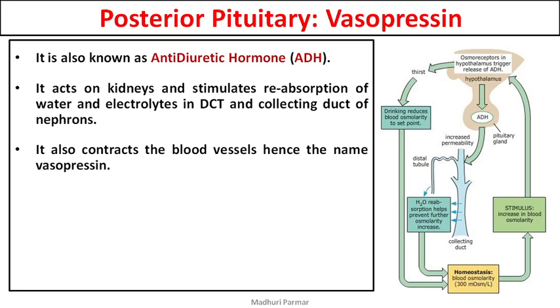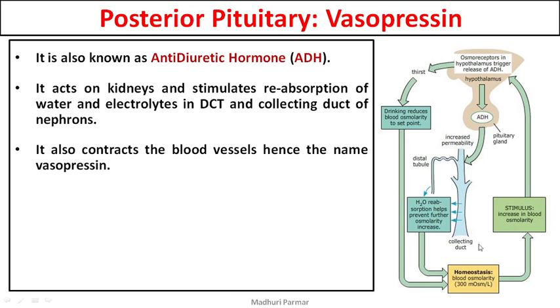Same thing. Let us say there is less water in your blood. What will happen? The blood will not be flowing very forcefully. But to reach each and every cell of your body, the blood has to be flowing at some force, right?